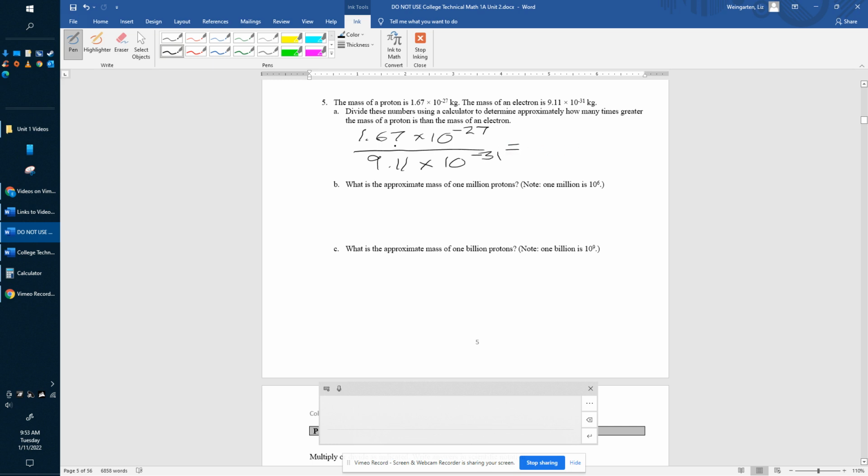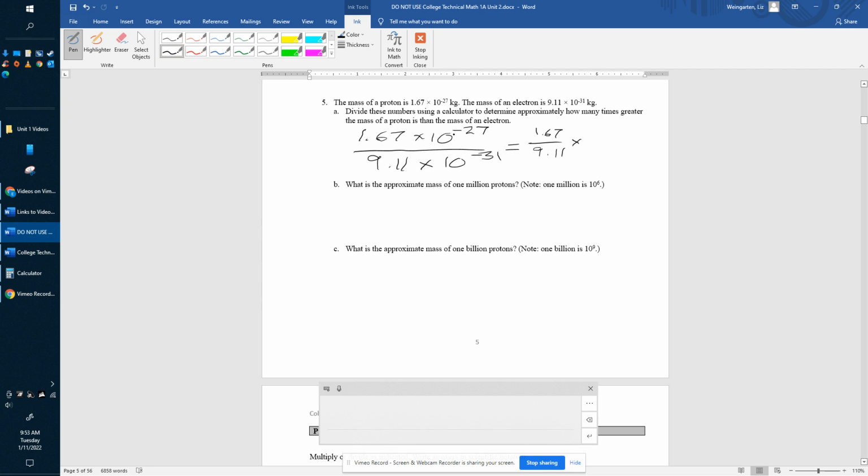I'm not going to worry about dividing 1.67 and 9.11 yet. Let's look at our exponents first. What is negative 27 minus a negative 31? Remember, when we subtract a negative, it turns positive.